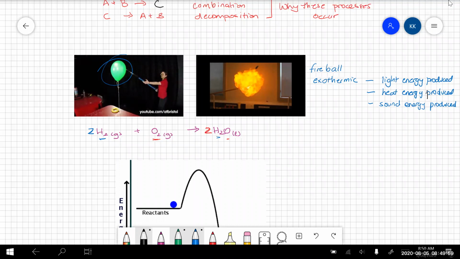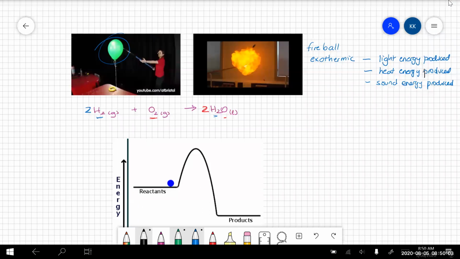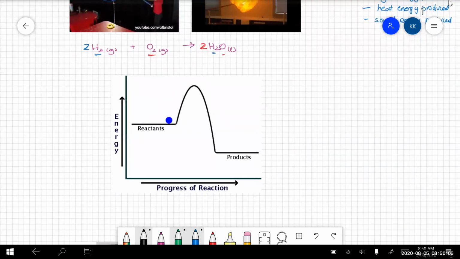So let's look at how a reaction produces energy. We use what's called an energy profile diagram. So here on this diagram, we have our reactants. So this is hydrogen and oxygen. And we have our products, which is water. And water is at a lower energy level.